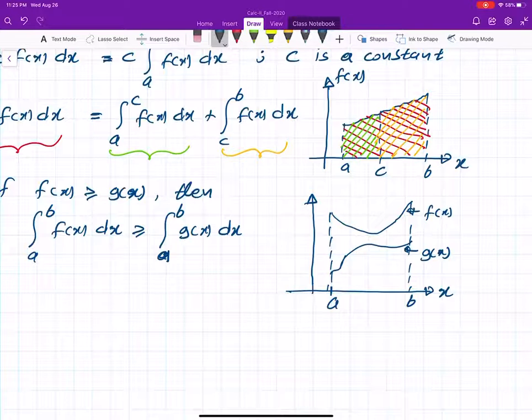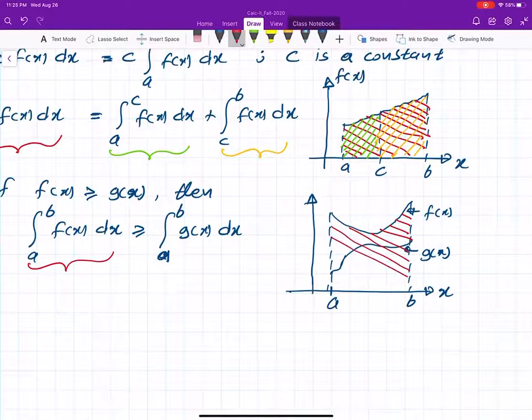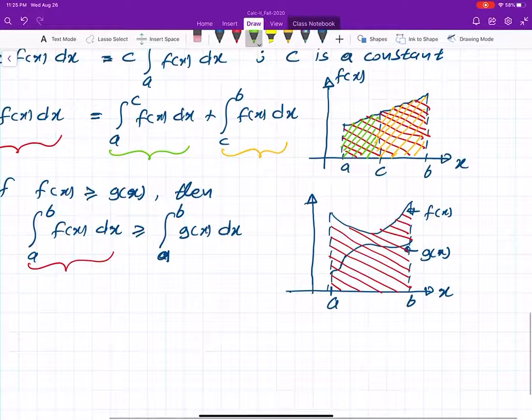And now mark the areas. The red area is right here, which is under the curve f. All right, and then mark this area, which is under the curve g of x.